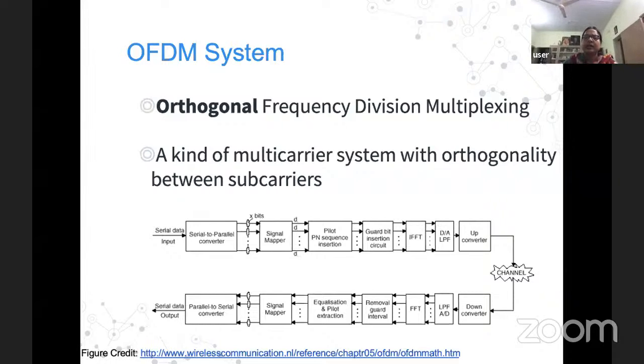At the receiving end, the FFT block should also be able to generate the same multi-carrier frequencies. So from the transmitting end to the receiving end, if there is some delta variation from one point to the other, naturally it leads to intercarrier interference. That means we need strict orthogonality between the subcarriers.